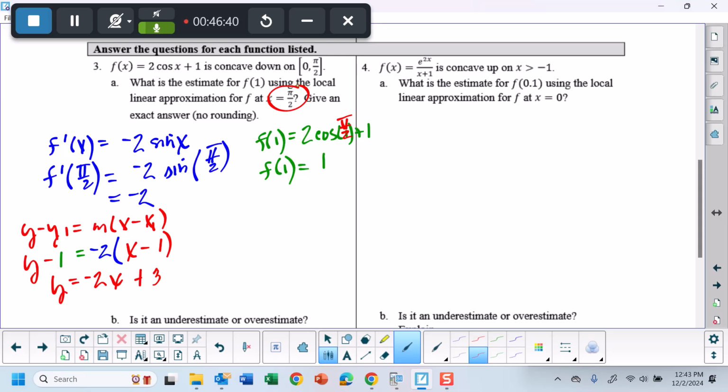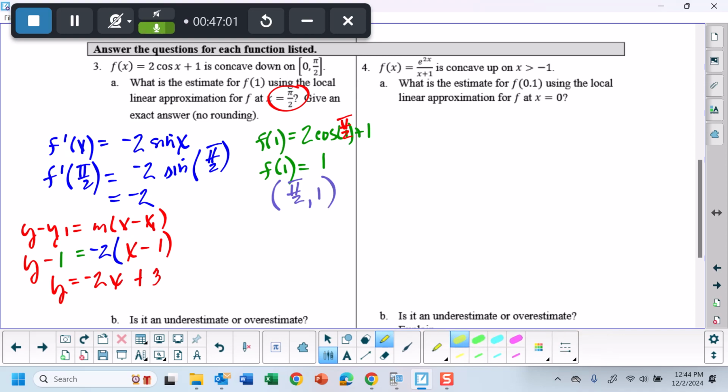So pi over 2, 1 is my point, my input output, and what I want is a local linear approximation. No, I want f of 1, right?